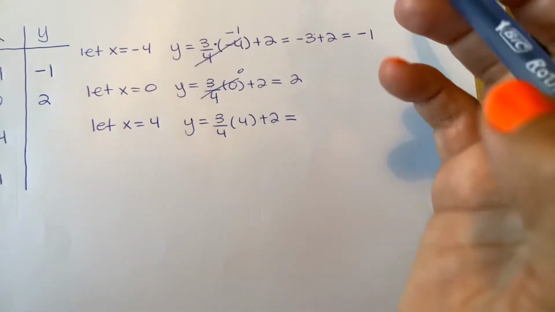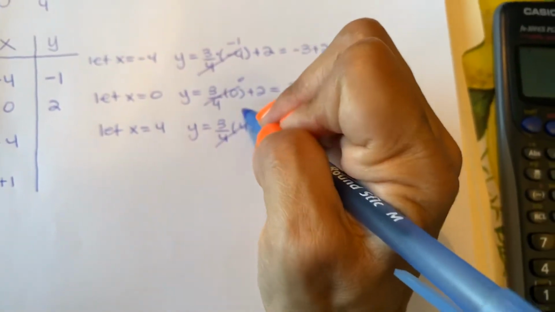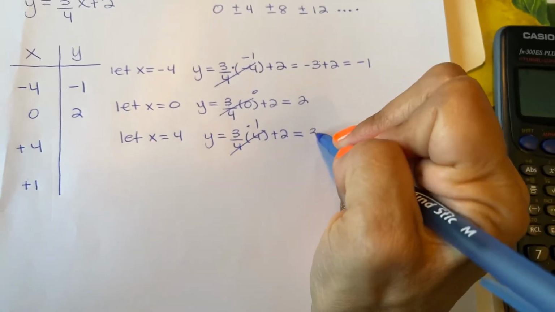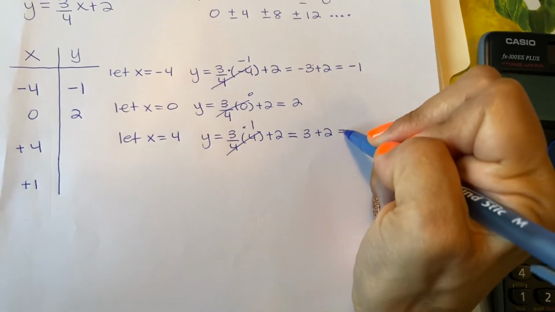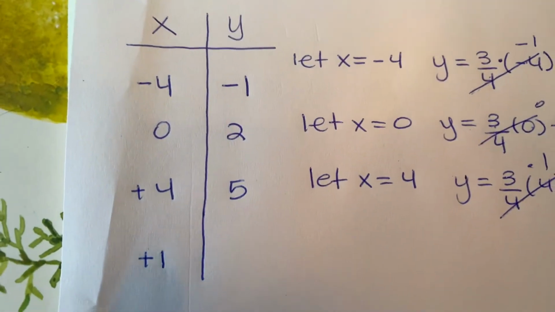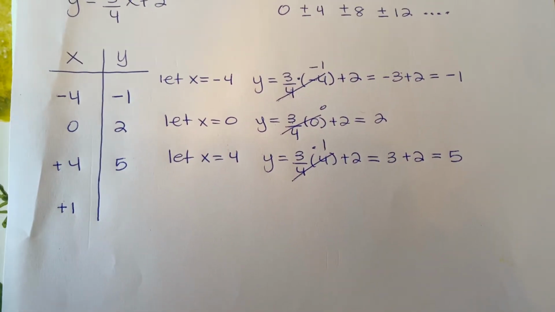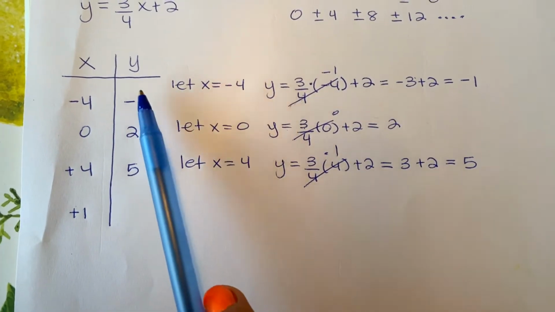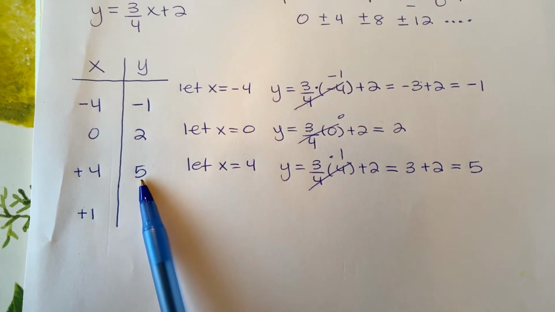Again, 4 divides into 4 one time. 3 times 1 is 3, plus 2, and I get 5. And so notice I got all nice clean integers, and I didn't get one decimal or one fraction.